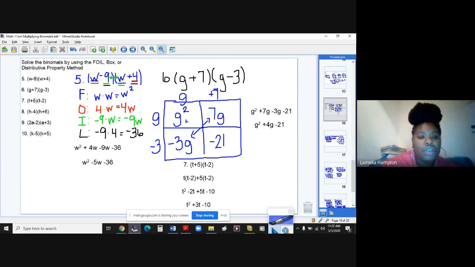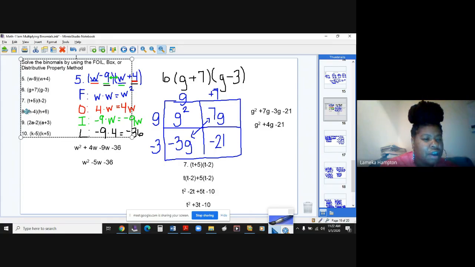This FOIL method does take a lot of time, but I like to break stuff down so that way you can know which terms and numbers to multiply. Because when it comes to the FOIL method, you have to multiply the correct terms. Otherwise, you're going to get the wrong answer. Trust me, I know.